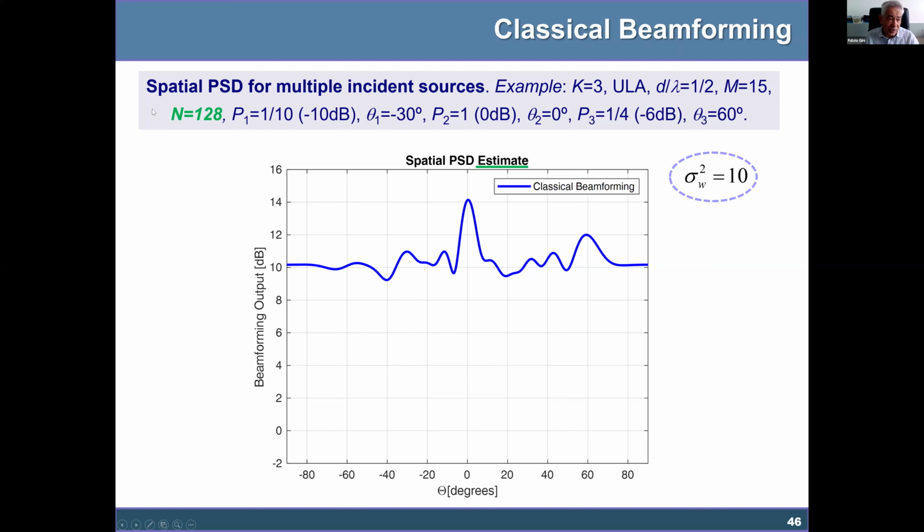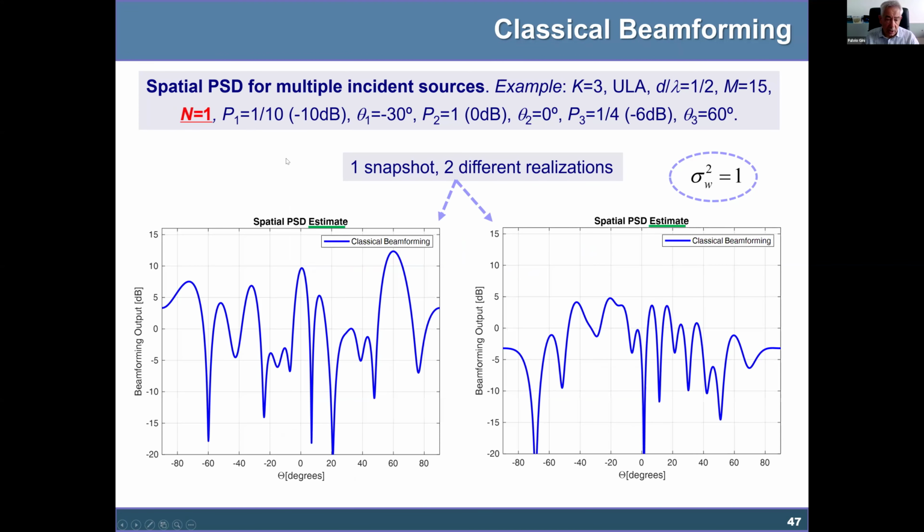And when you have to estimate the spatial power spectral density by using a given number of snapshots, averaging over different snapshots allows to reduce the variance of the estimate. If you have only one snapshot, you calculate the periodogram and you plot the periodogram, but there is a huge variance.